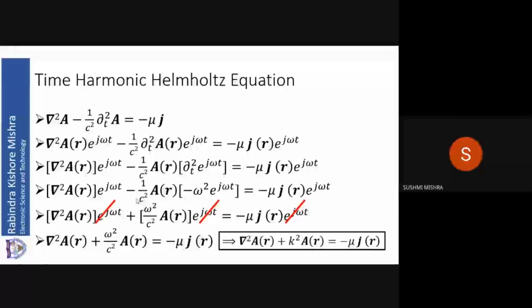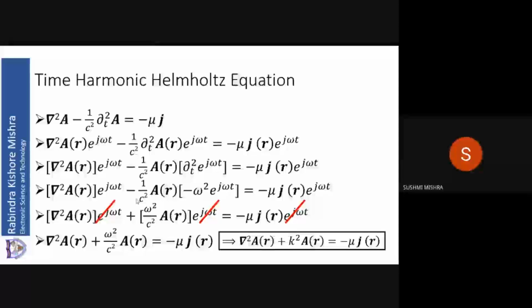Okay, so we get this. I have kept it in a box because this is very important. Whatever you will find boxed are important equations that we will use later. So del square AR plus k square AR is equal to minus mu JR is a differential equation on a vector A. Del square is scalar, k square is scalar, mu is scalar.